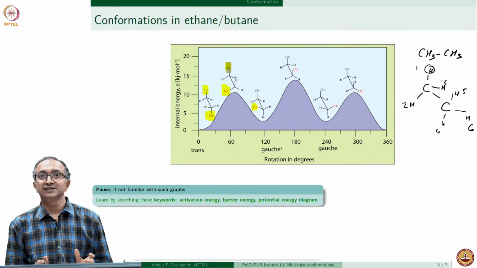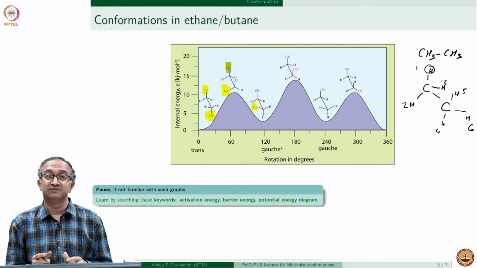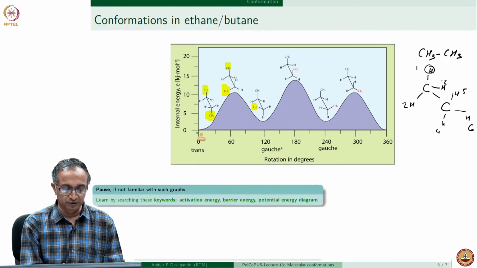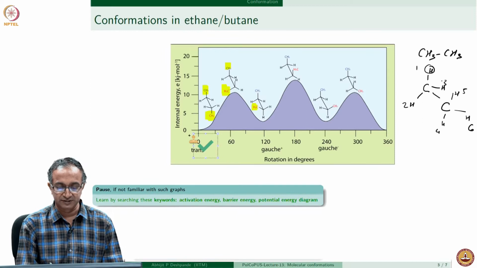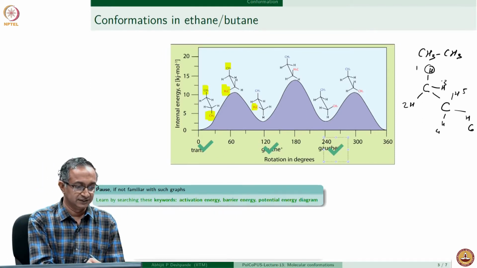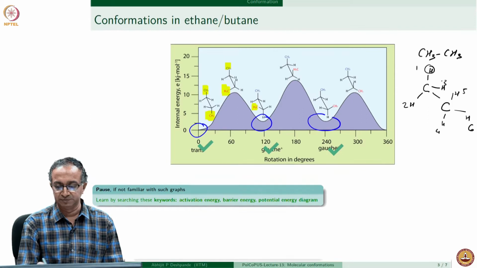And we know that whenever energy is minimum, those are the conformational states which will be preferred. So, in this butane molecule, we have one conformational state, second conformational state and third. These are where there is the minimum. So, we have this minimum and this minimum.